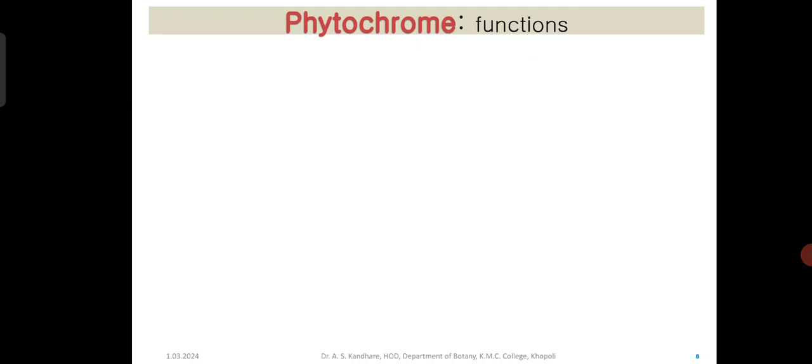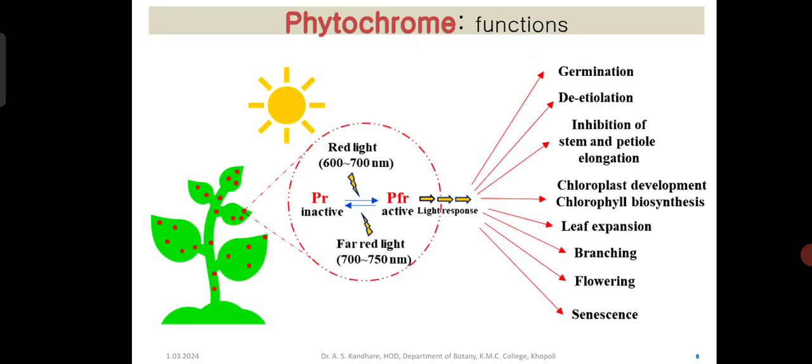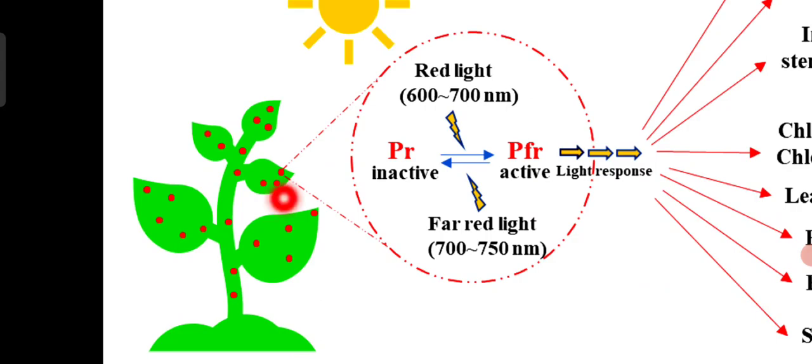So here again this is the pictorial representation of different functions of the phytochrome. So here you can see the most of the biomolecule, that is phytochrome, is located in leaves. वैसे तो प्लांट के हर हिस्से में फाइटोक्रोम पाया जाता है, लेकिन स्पेशली it is more in leaves.